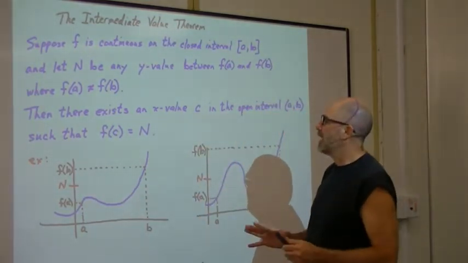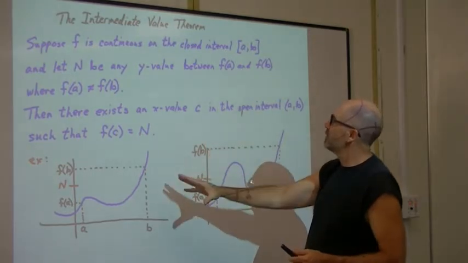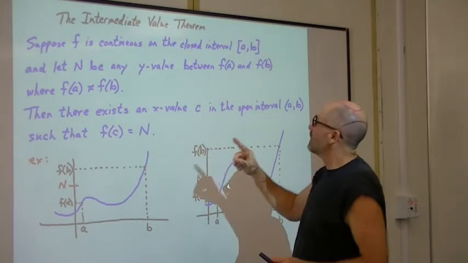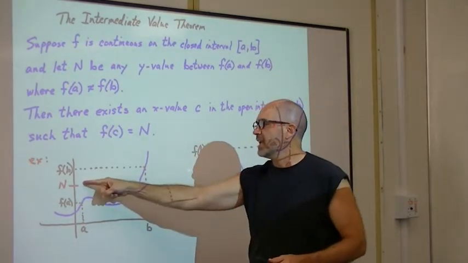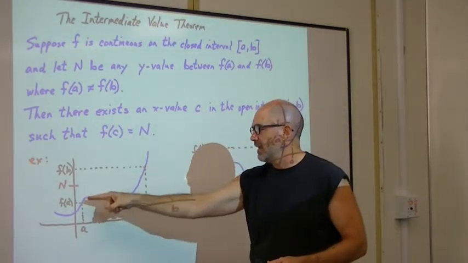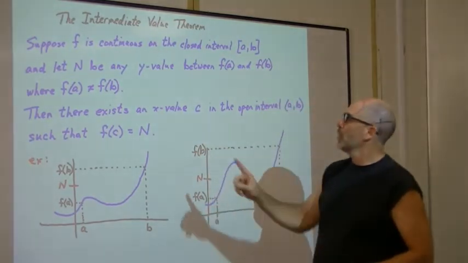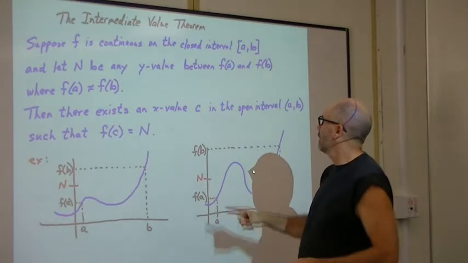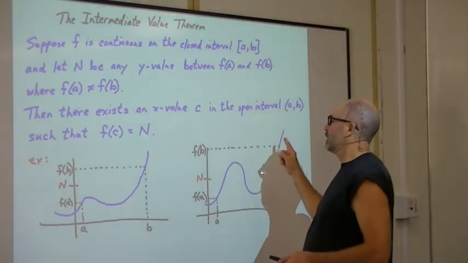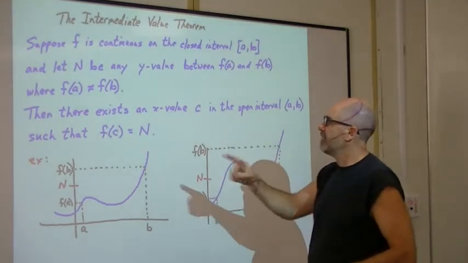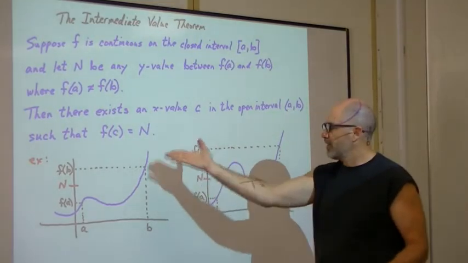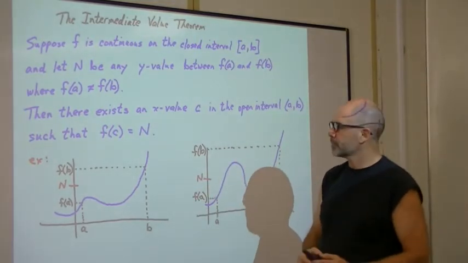So that's what we have: we've got a continuous function from a to b, and then we've got some y value that we're calling n in between f of a and f of b. So what our theorem says is, there exists an x value that we're going to call c in the open interval from a to b, such that f of c equals n. Where's that x value? Find c here.